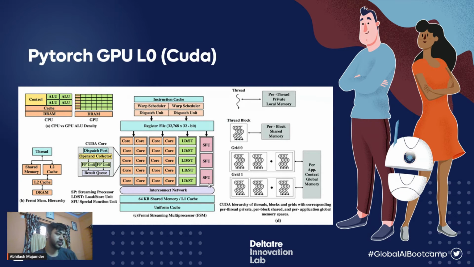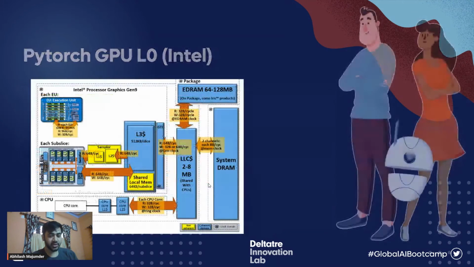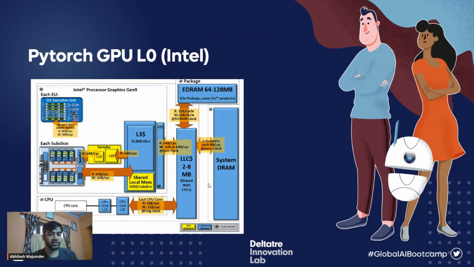So from a hardware perspective, this is where your IPEX does the work. The same level 0 architecture is there for Intel. If you miss in the L3 cache, it will go to your DRAM. And this execution unit is known in Intel terminology as your level 0 stuff.